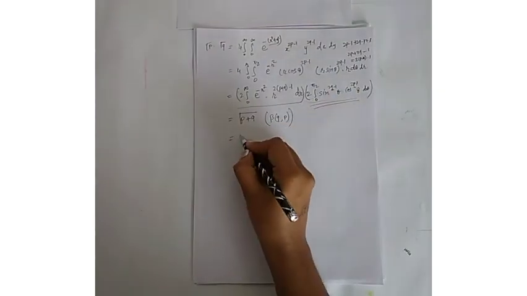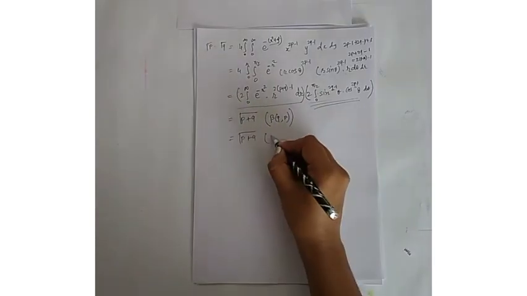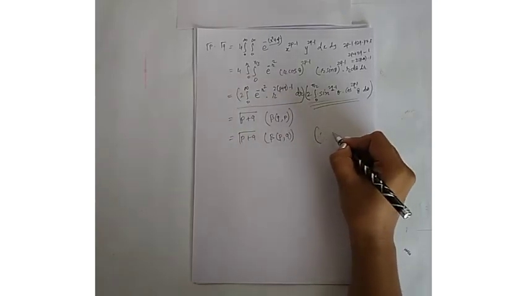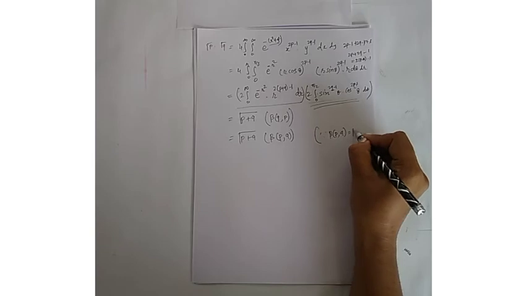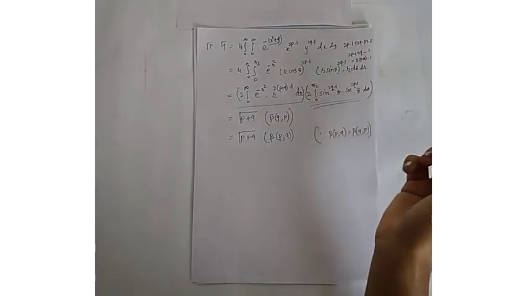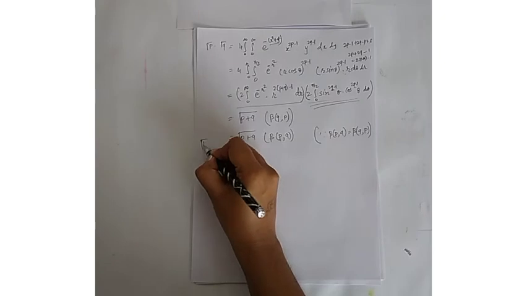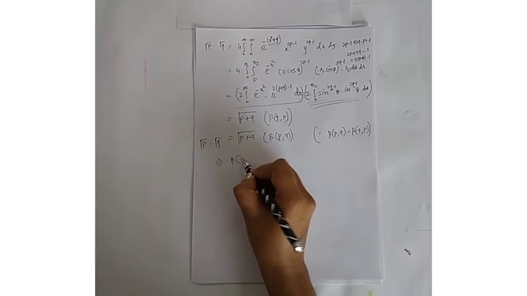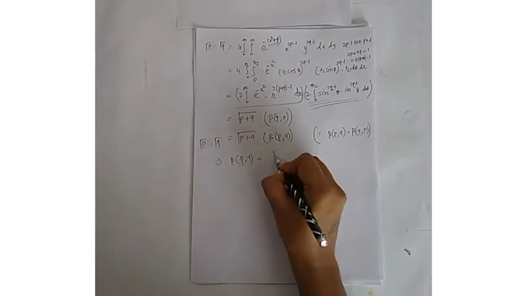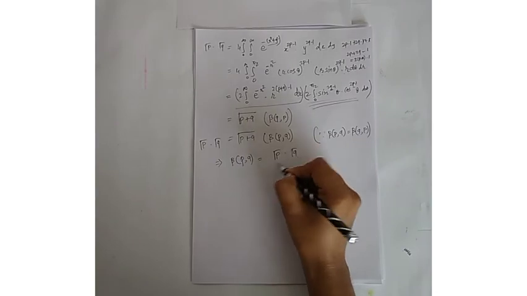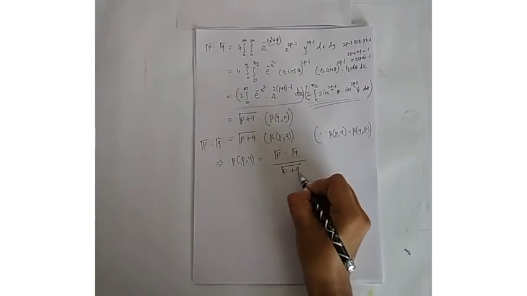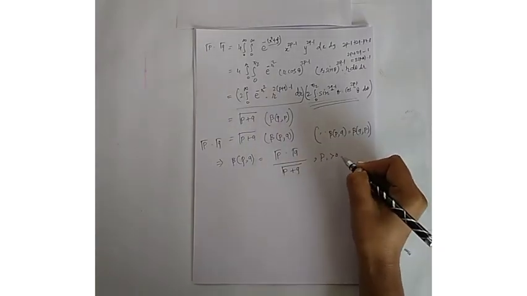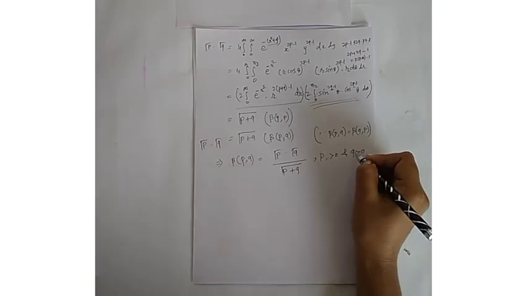But we also know that beta(q, p) is equal to beta(p, q). Both are the same. So here we have gamma p into gamma q. So we get that beta(p, q) is equal to gamma p into gamma q upon gamma(p plus q). So hence the proof. This is true for p greater than 0 and also q greater than 0.